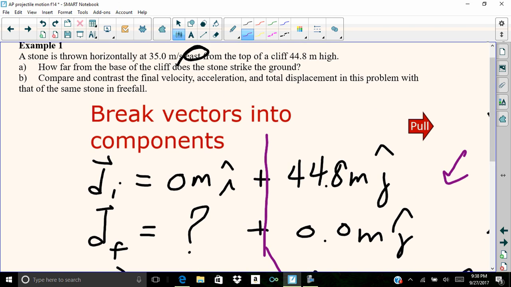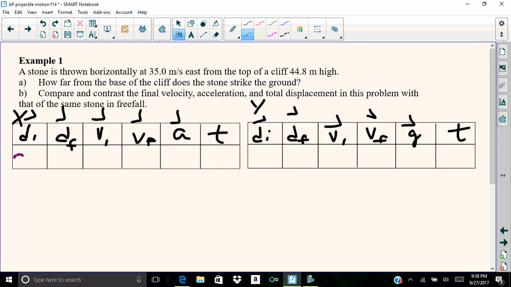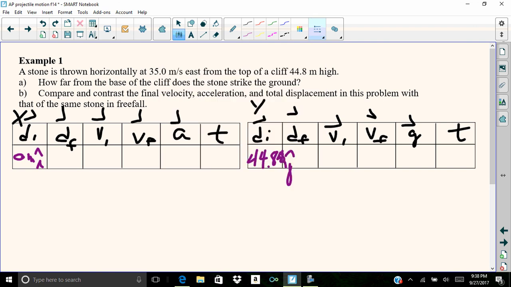Okay, so for the first box, for initial position, we have 0 meters i hat, and here we have 44.8 meters j hat. For our final position, I'm going to try and thin this up a little bit. There we go. We have 0 meters, 0 meters j hat.